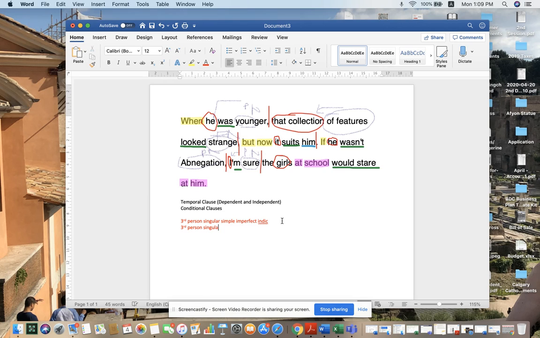Now you may see collection as plural, but remember this is called a collective noun. It is singular in form, but plural in meaning. Imperfect, but it's, there you go, it's also true. And we now have, it suits, third person, singular, and it suits him now, so it's present.